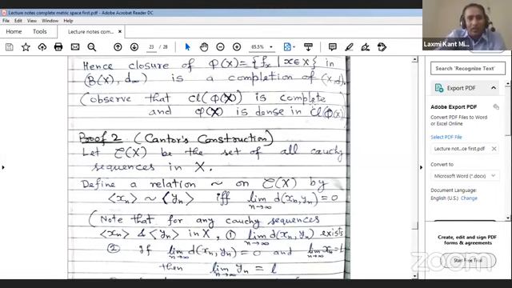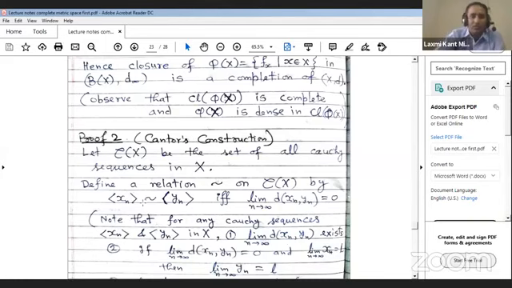Now the second proof of the existence of completion is Cantor's construction, and in this construction we get an algorithm to construct the completion of a metric space.